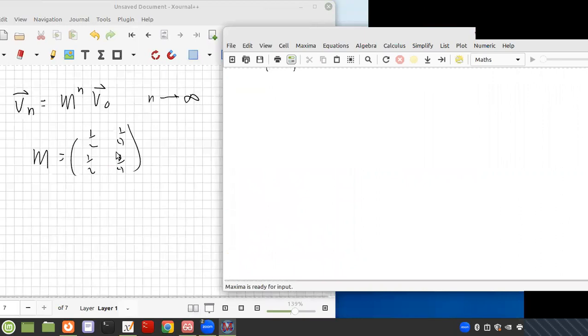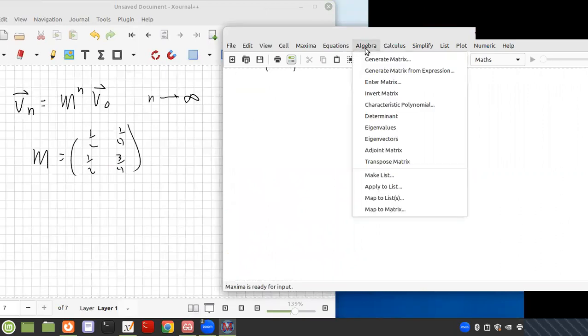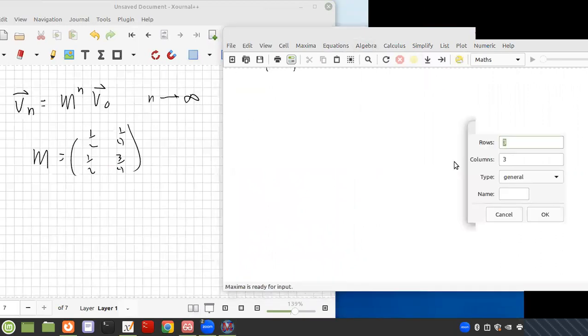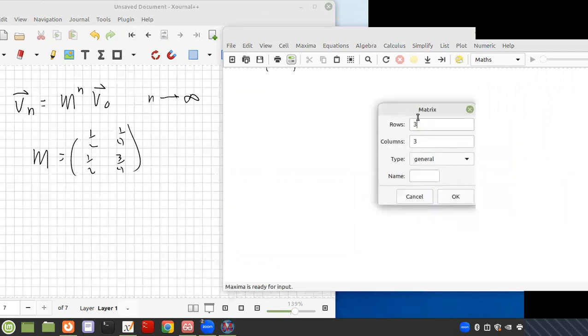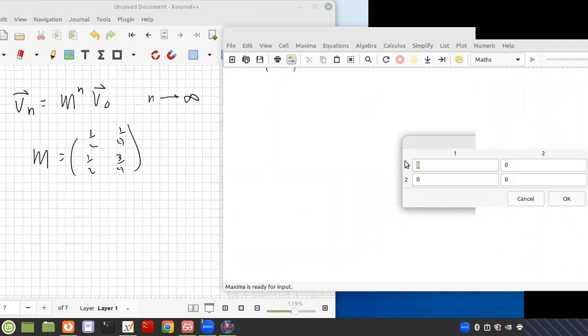Since the entries here are fractions, that's a good reason for doing it in the computer. So we're going to have here a 2x2 matrix, and we'll call it M sub I for migration. And this will be 1/2, 1/2, 1/4, 3/4.